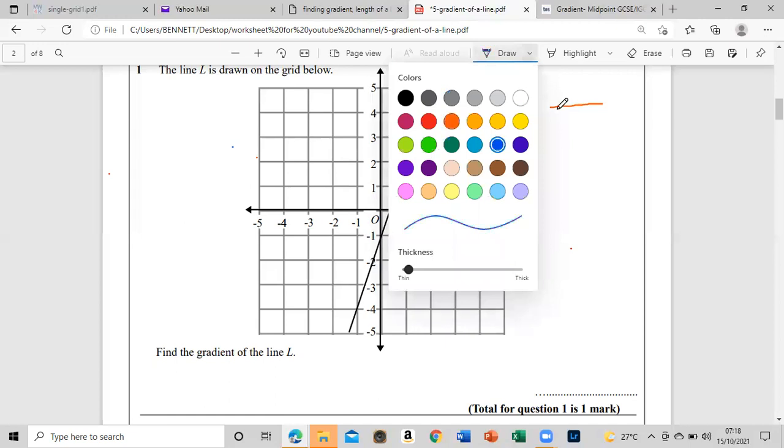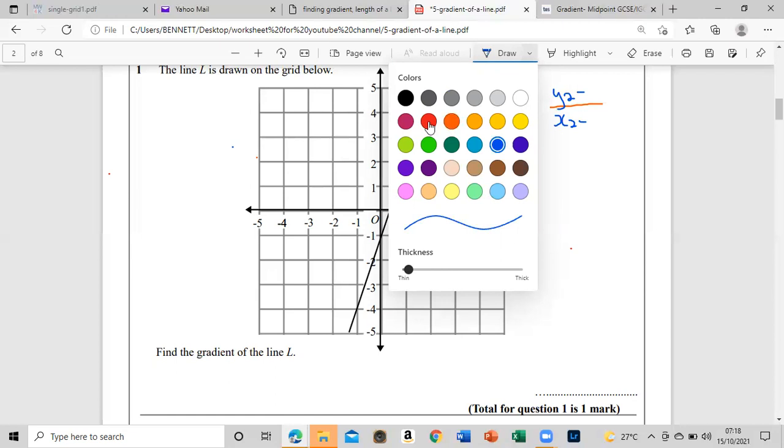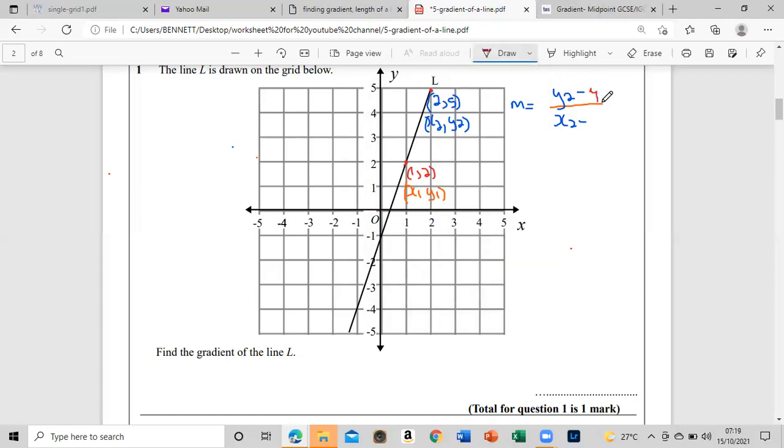So it's y2 minus y1. See my color code it there. And x2 minus x1. All right.